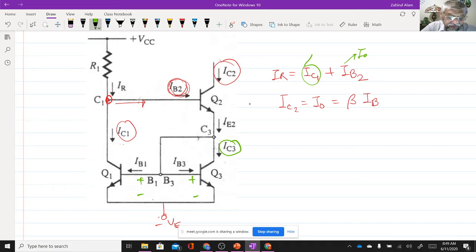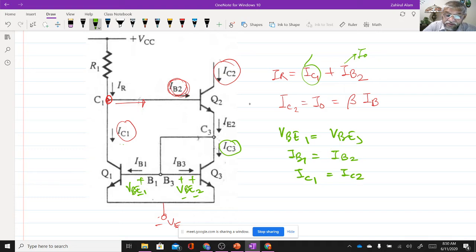Now we know that VBE1 equals VBE3, the base to emitter voltages are the same. If they are the same, then we know IB1 equals IB2, and also IC1 equals IC2 if we consider VA equal to infinity. So now we know this relation.